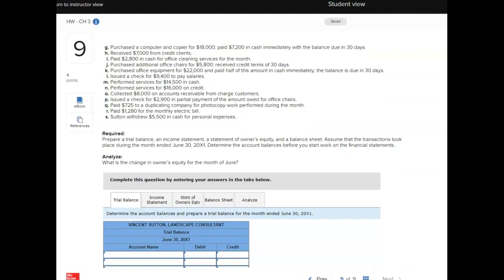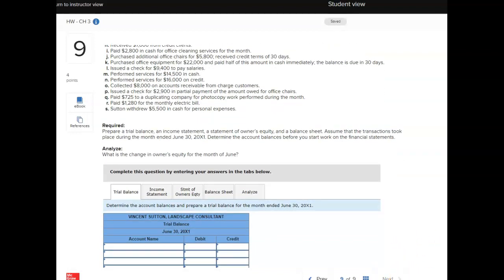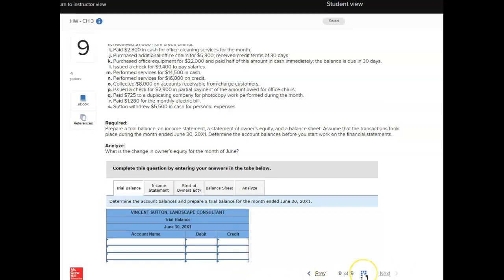Another option is to use the icon at the bottom of the problem to jump back and forth between problems 8 and 9 as you complete the trial balance in problem 9.